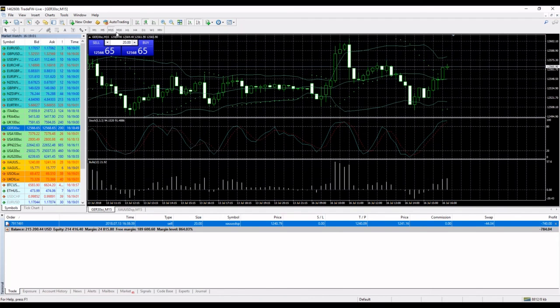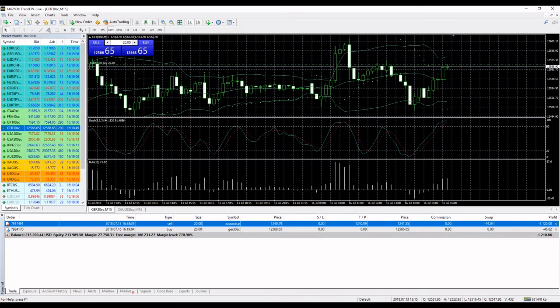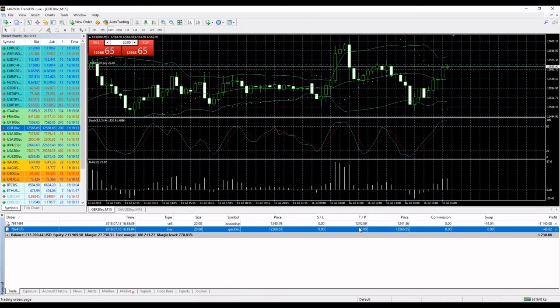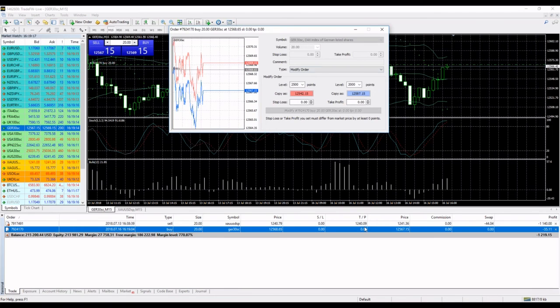I'm going to buy DAX. I just bought DAX, guys, and my take profit on DAX is at 12,575.50, and my stop loss is at, I will put it a bit lower, 12,521.